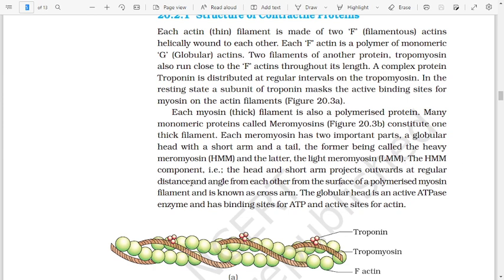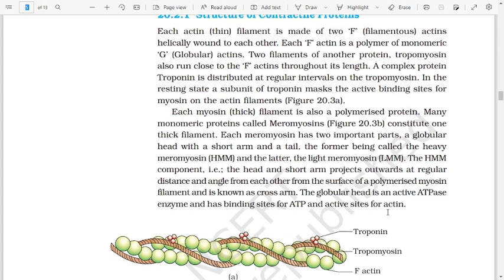The HMM component, i.e., the head and short arm, projects outwards at a regular distance and angle from each other from the surface of a polymerized myosin filament and is known as cross arm. The globular head is an active ATPase enzyme and has binding sites for ATP and active sites for actin.